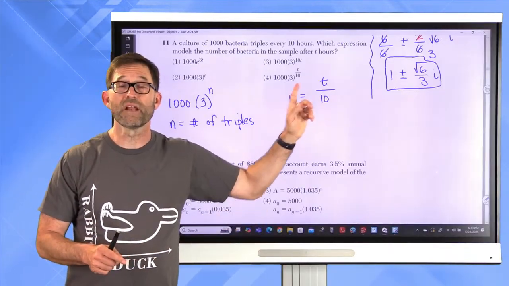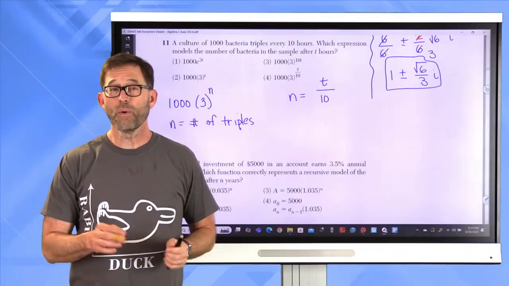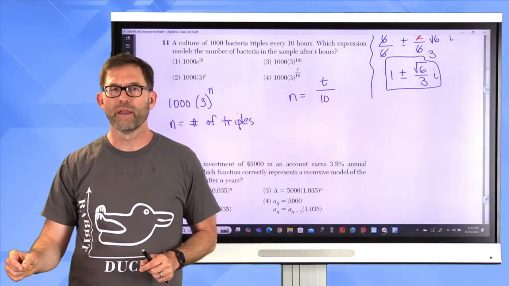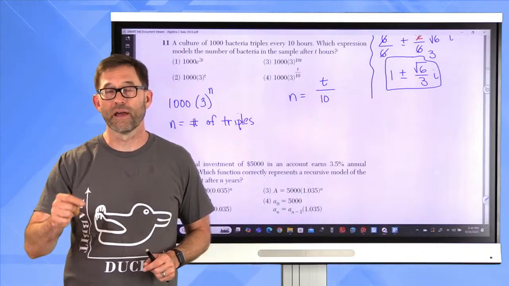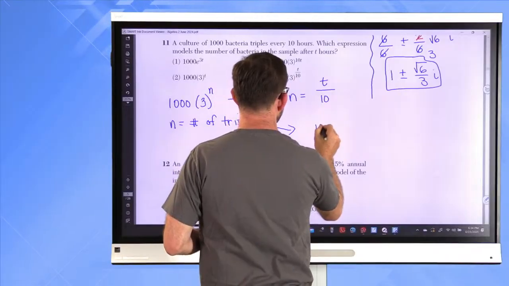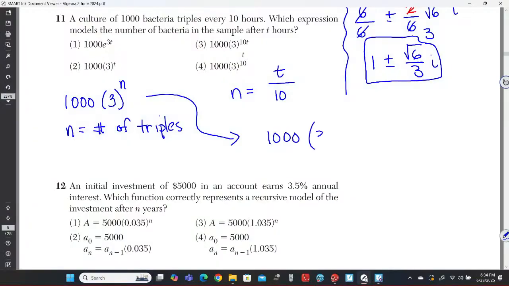Most certainly, n is not 10t, right? That's what we would get if we were tripling 10 times every hour, right? But now we're tripling once every 10 hours, and so this entire expression becomes 1,000 times 3 to the t divided by 10. And that is choice 4.